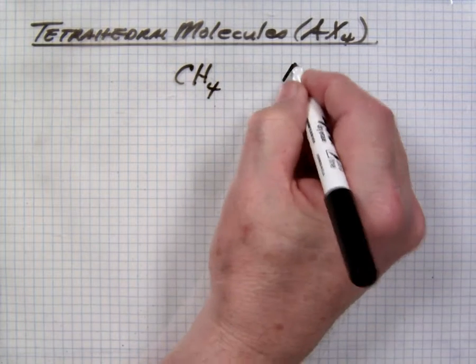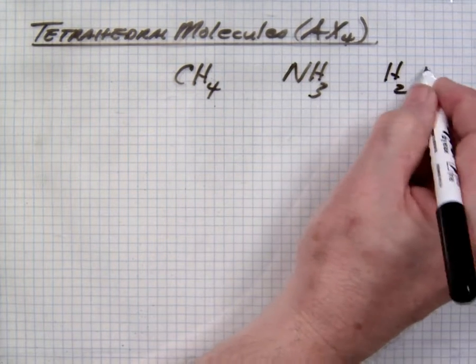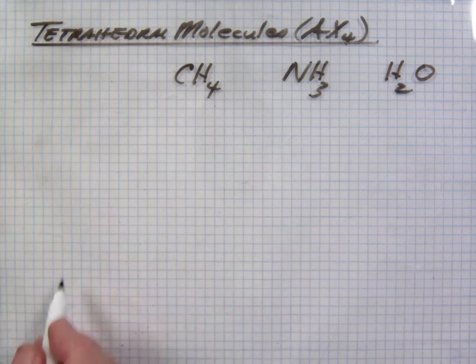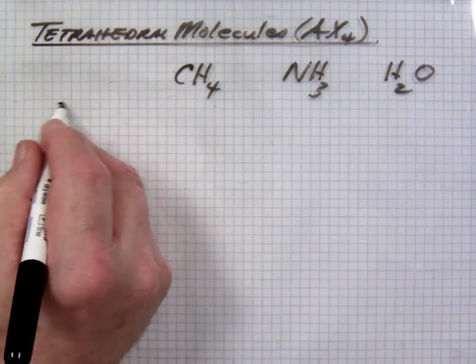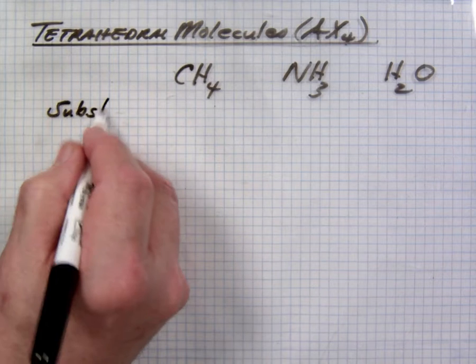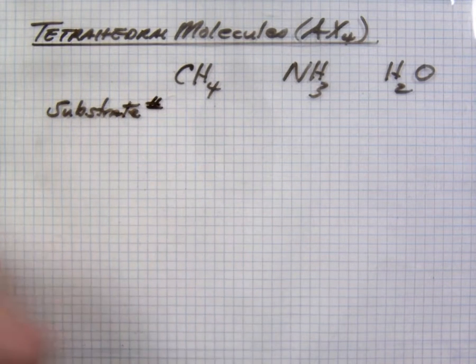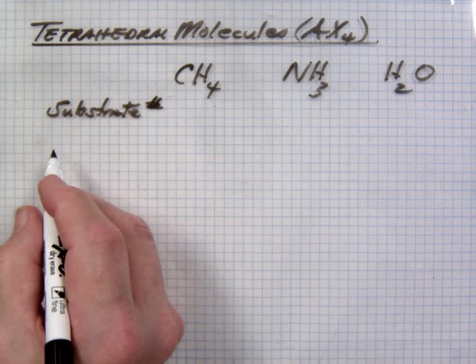Now, what do we need in order to define its geometry? That's what I'll put over here on the left. We need to get the substrate number, and then we need to get the valence number.